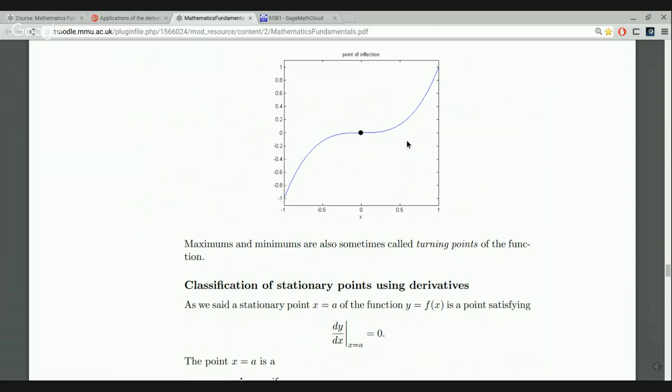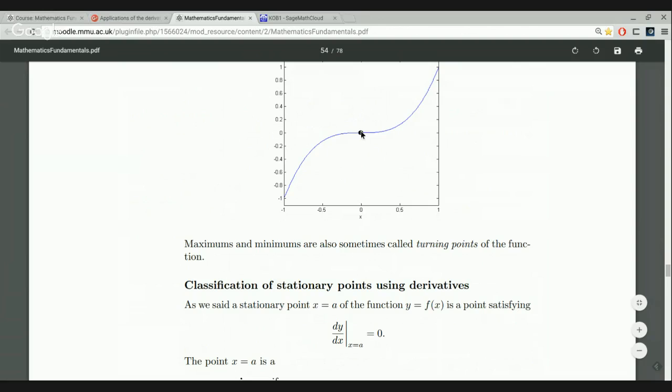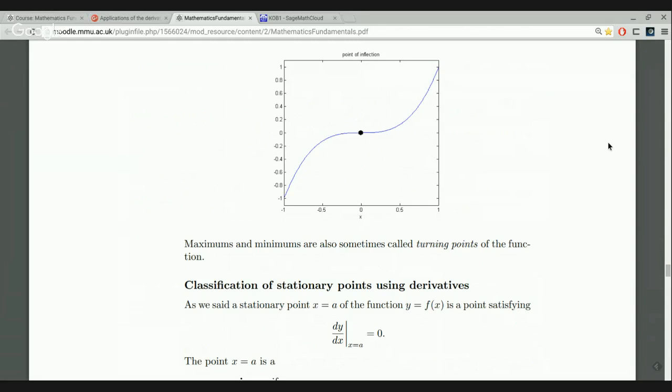Okay, so it's smaller than the values to the right. But this kind of behavior is called being an inflection point. If you think of what the tangent line to the graph at that point is, it's still a flat horizontal tangent line of gradient 0.